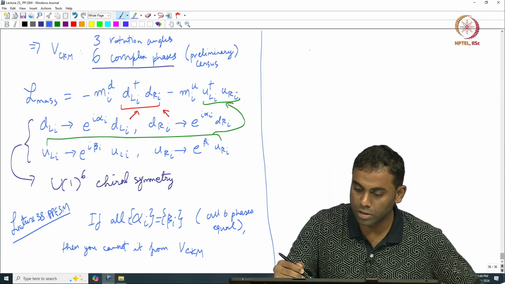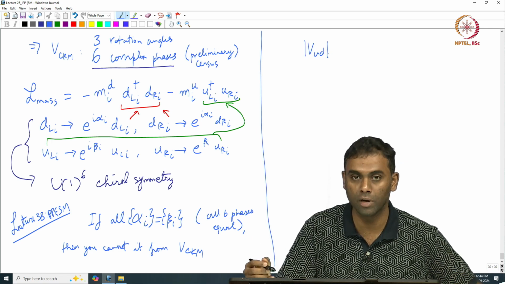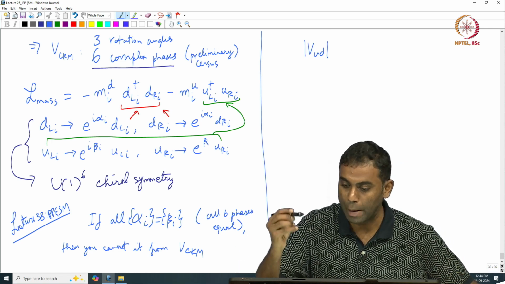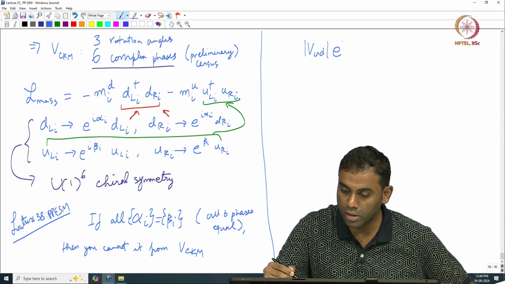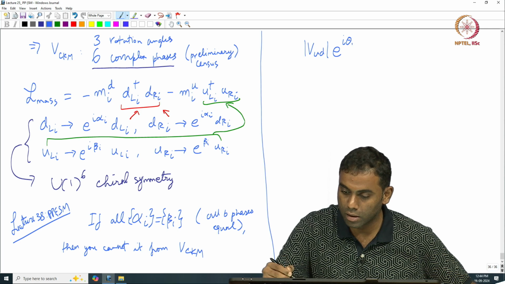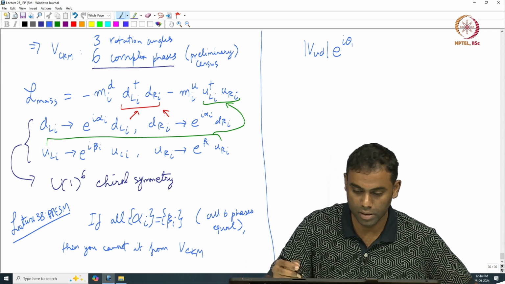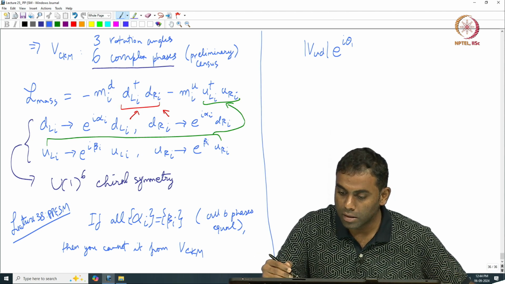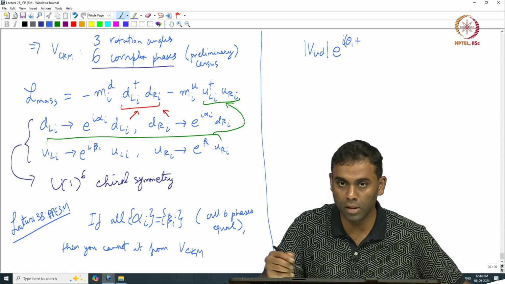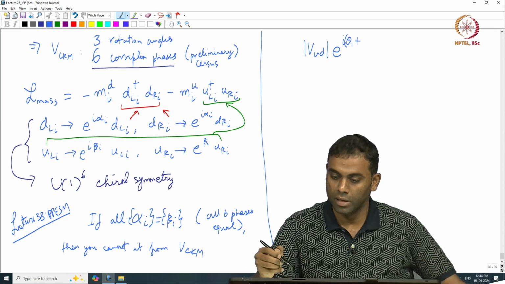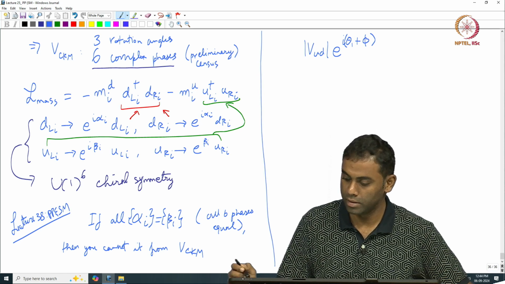So we have V_UD. I am going to pick 6 arbitrary elements where I give each a phase, and I am going to write the phases in a funny way. Let me call it e^(i theta 1), and I am going to call the entire phase some phi, so theta 1 plus phi.